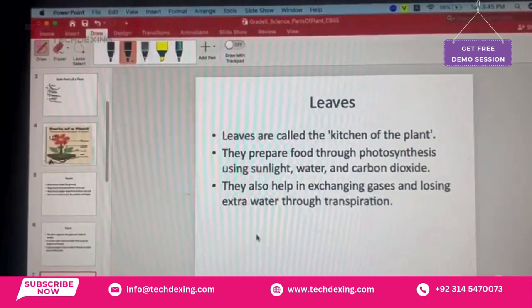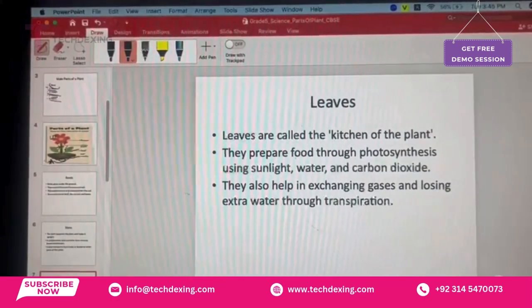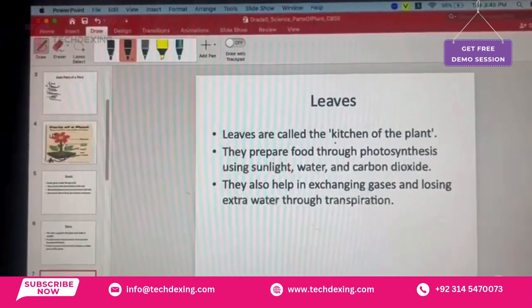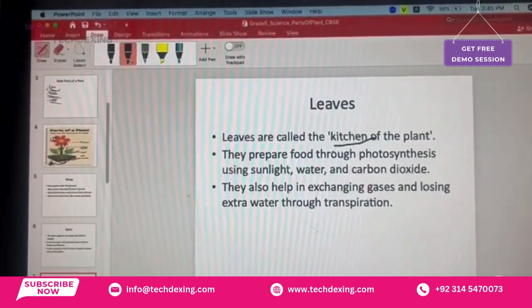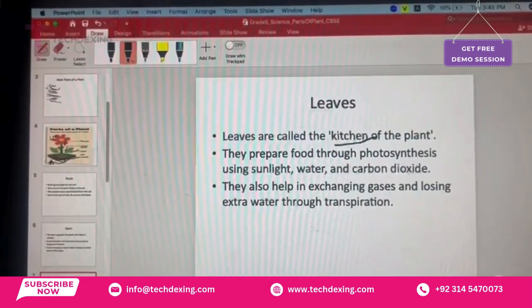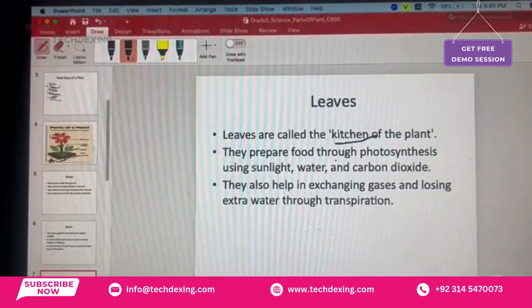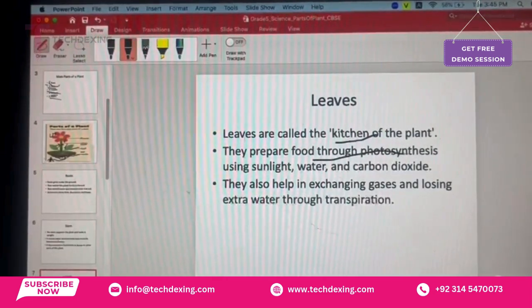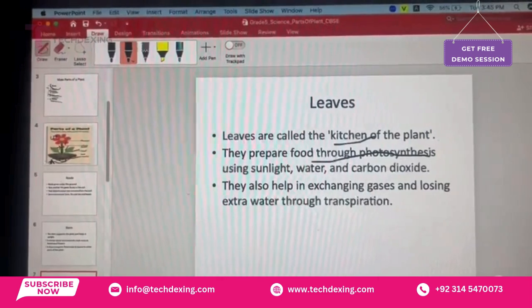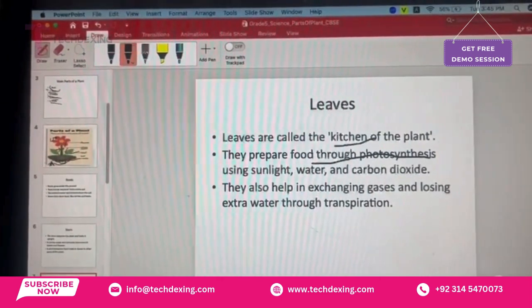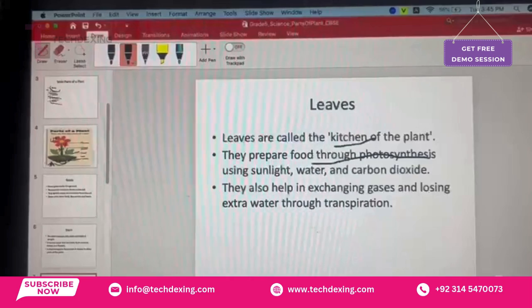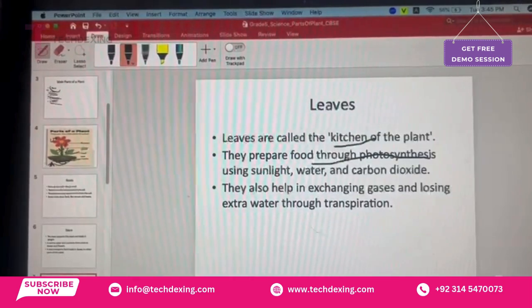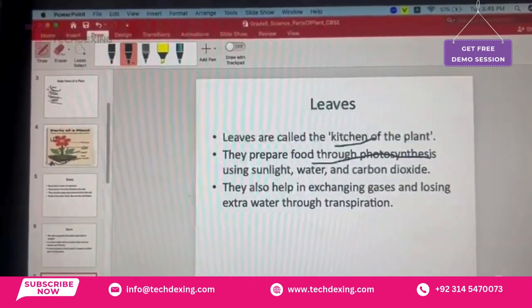Now we have leaves, the green part. This is known as the kitchen of the plant. Do you know the kitchen, where human beings make food? So leaves are the kitchen. They prepare food through photosynthesis. Do you know photosynthesis? It is the process in which we use sunlight, water and carbon dioxide to make food in the leaves.